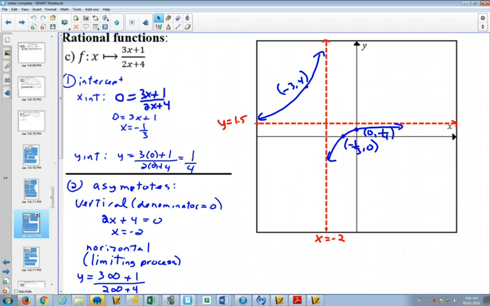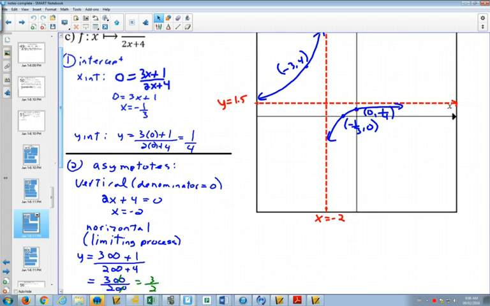For our horizontal asymptote, we're looking at what happens when x gets really, really big. The idea of a limit. As x gets really, really big, we just sort of put infinity in here to represent that. If you had 2 times infinity and you added 1, that adding 1 wouldn't really make much of a difference.